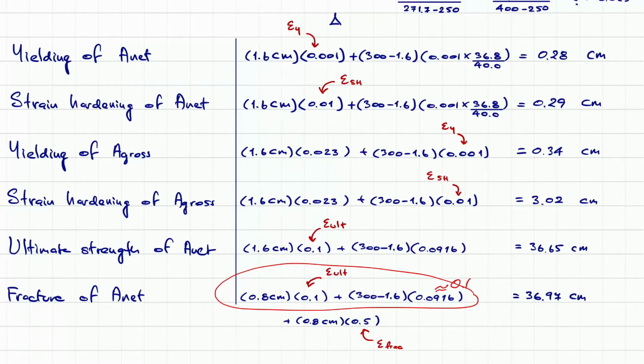Okay, let's say less than. Hit the calculator again. 0.8 multiplied by 0.1, that is 0.08, right? And then add 300 minus, which is 298.4, multiplied by 0.0916, then plus 0.8 multiplied by 0.5. At least we know that something went wrong. 27.81.